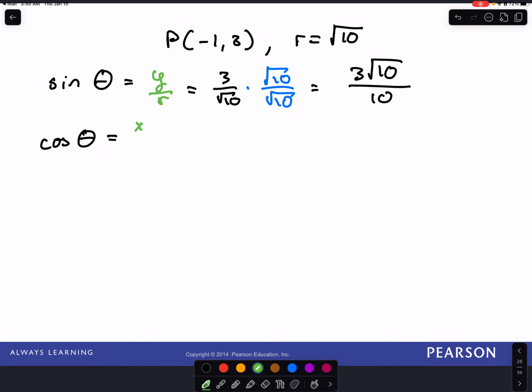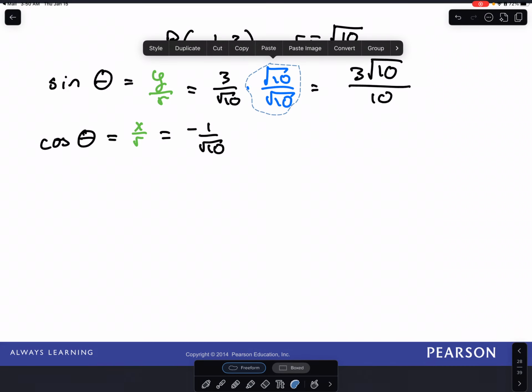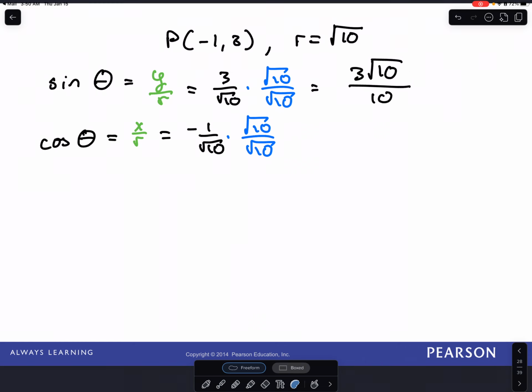With that sign, then cosine of theta should be what? X over R. So it's going to be a -1 over root 10. We rationalize. Negative root 10 over 10.